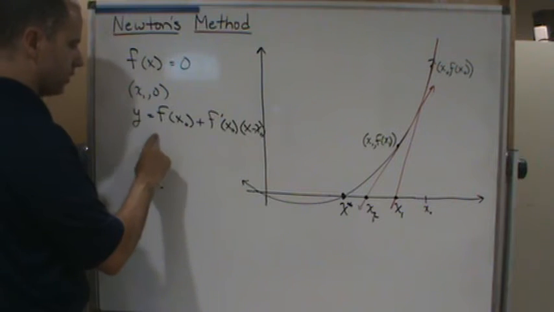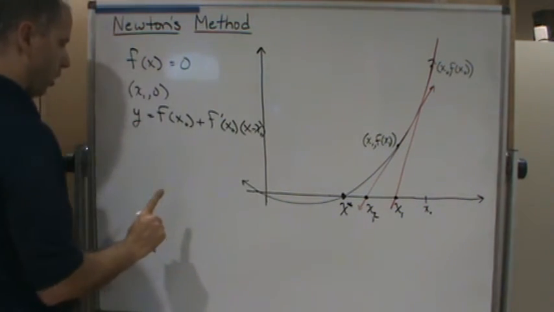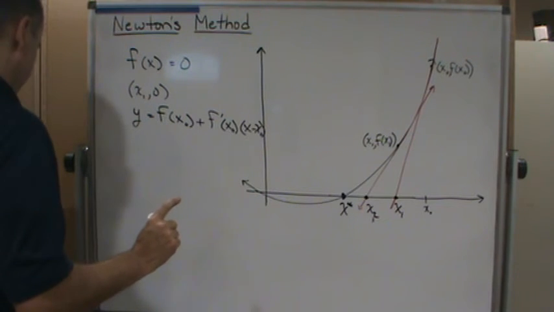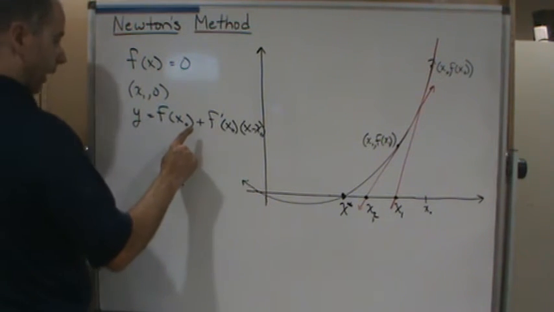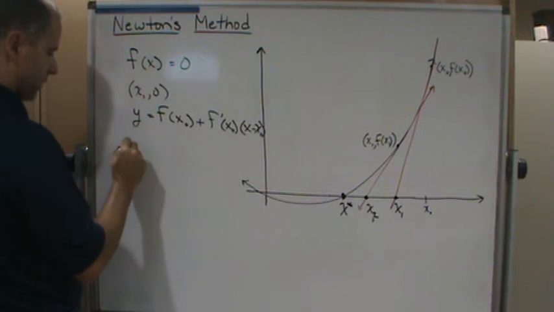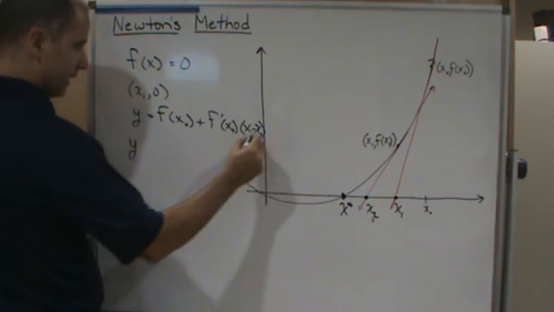So this is our equation of the tangent line. So x1 has to satisfy this equal to 0.